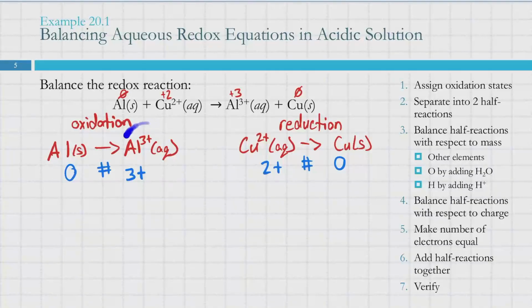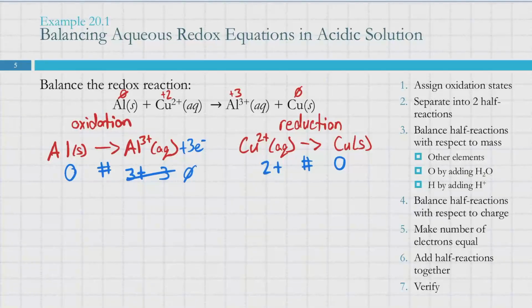The reason that we're adding the electrons to the right side is because electrons have a negative charge. To balance out a 3+ charge, to bring 3+ down to 0, how many electrons do we need? We need 3 electrons. That's adding a -3, 3+ and a -3.